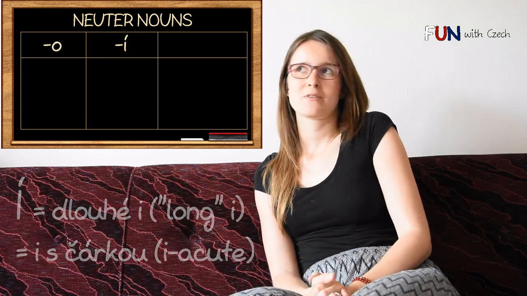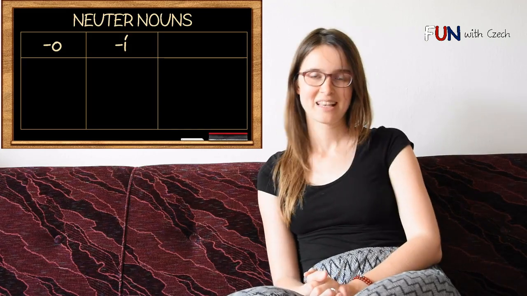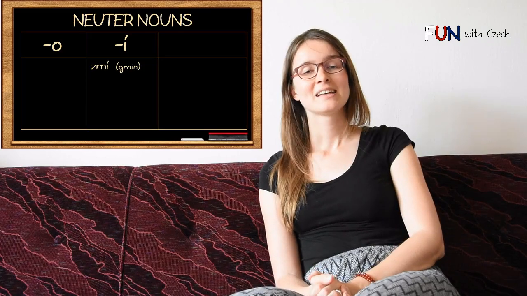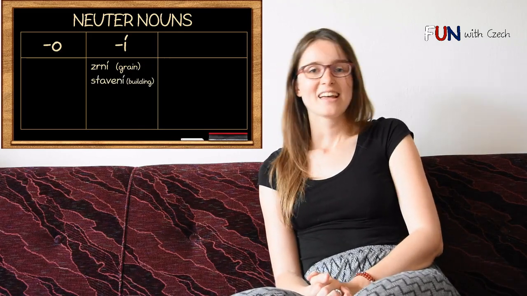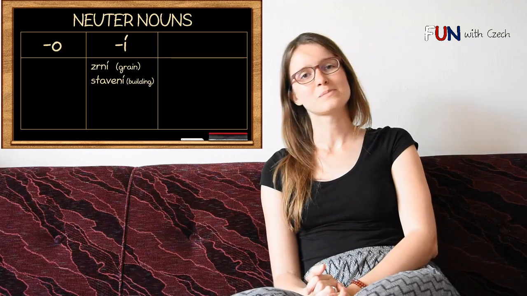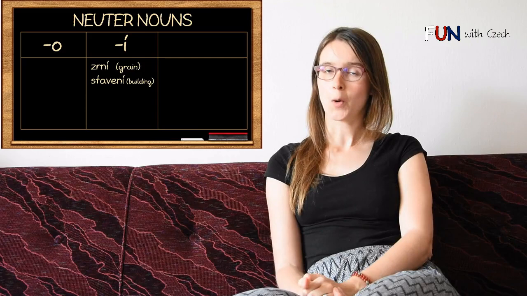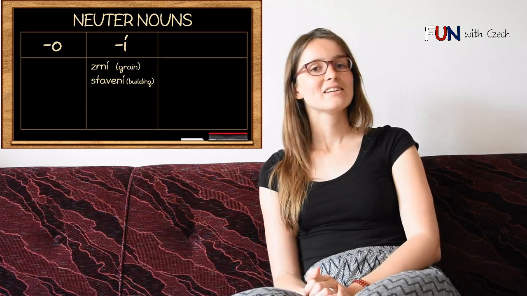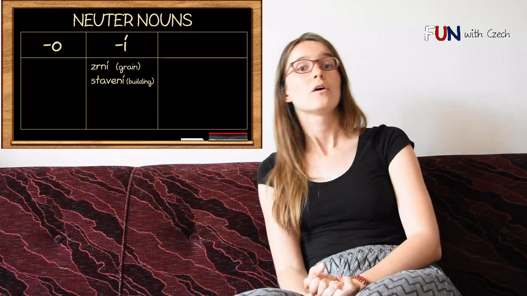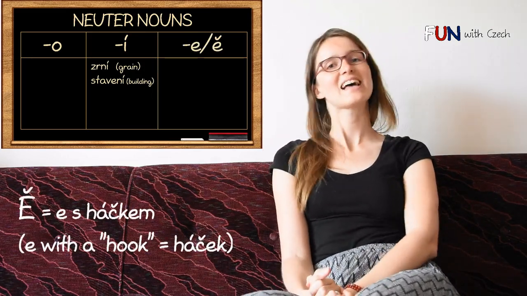So this could be, for example, the word zrní, or stavení. It's not that necessary to know words with this ending at this point. Still, the ending o is much more common. And then there is another possible ending, which is e or ě, like e s háčkem.